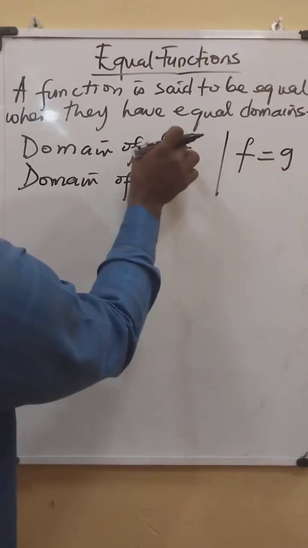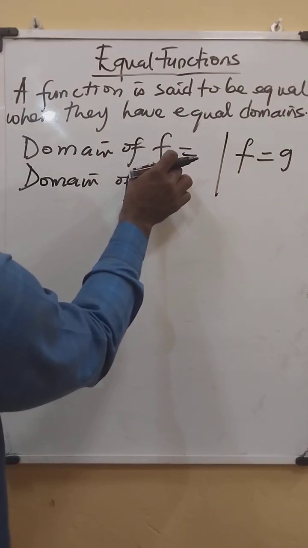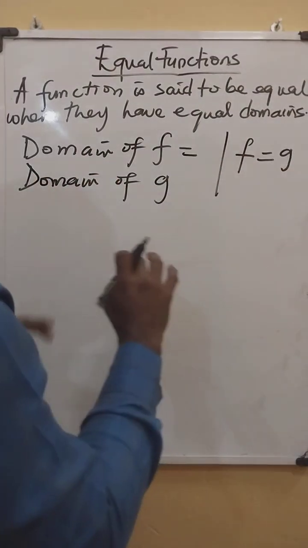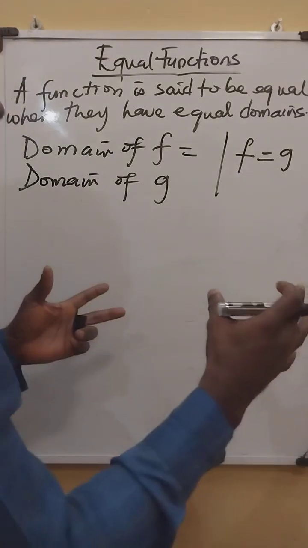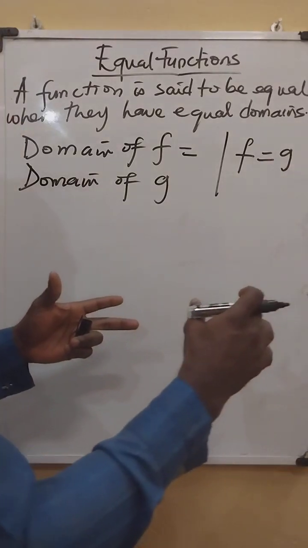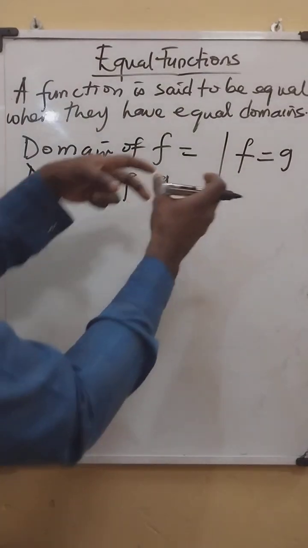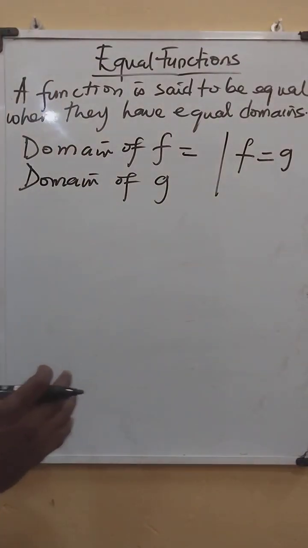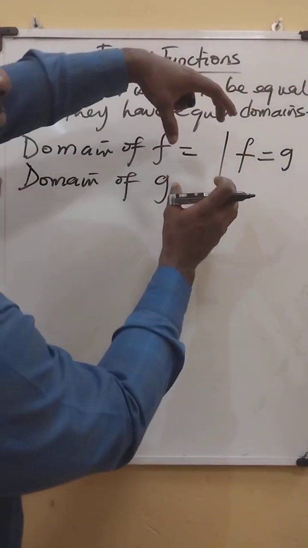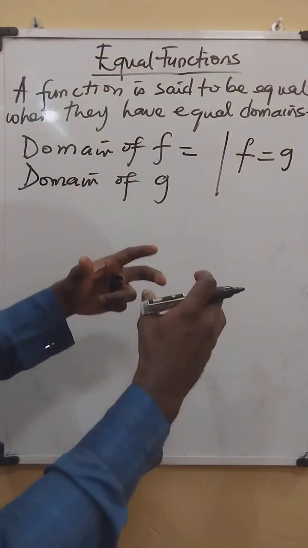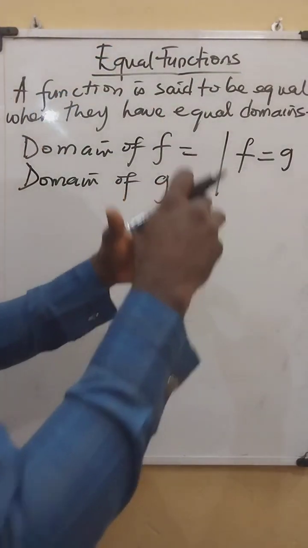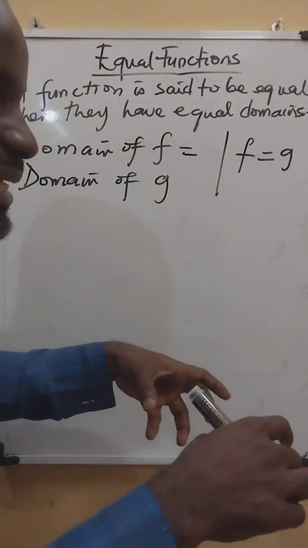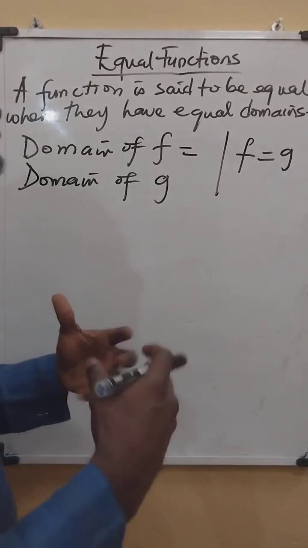That is, this function f has its own domain, some set of elements, and function g also has some set of elements, which is also its domain. The equal function tells you that the domain of f is also equal to the domain of g. Whatever you have in the function f would also be equal, not necessarily the same types of members, but in respect to function.